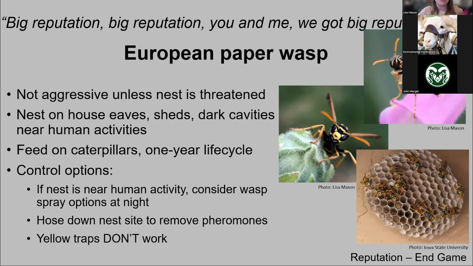This is where wasp sprays and things like that can be very beneficial. If you choose to use something like a wasp spray, be sure to follow the directions. The label is the law. We want you to be safe and we want you to be most effective when using that wasp spray. And you want to prevent things like drift that might kill other beneficial insects. So follow those directions to a T.